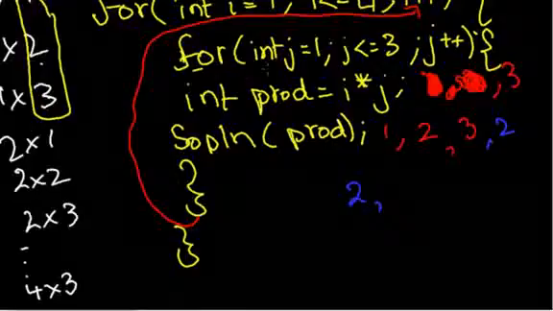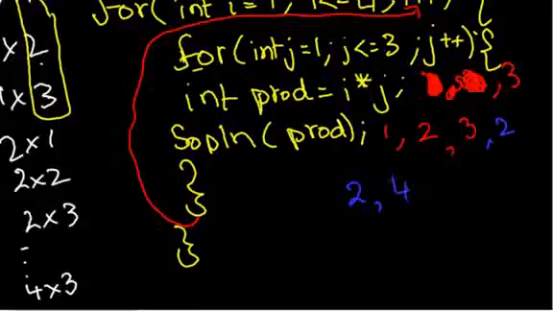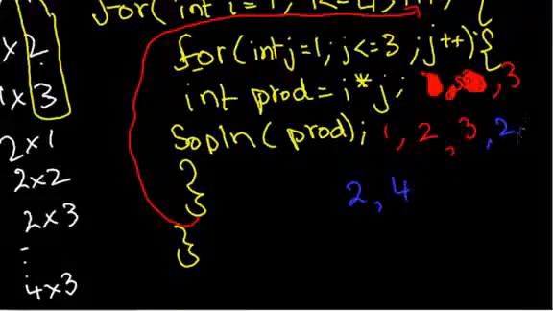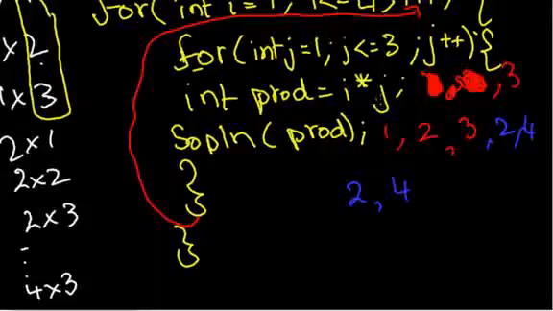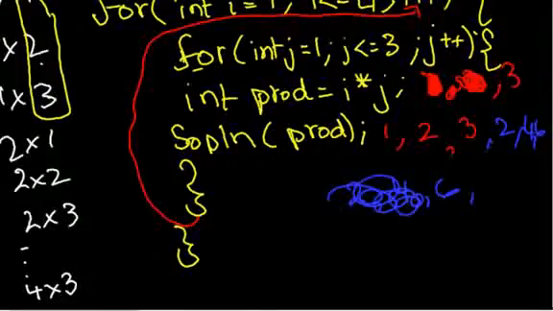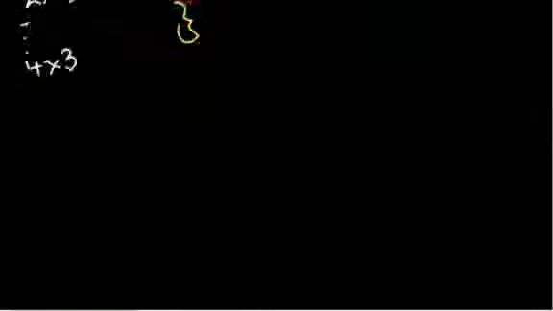Comes back here, j becomes 2, then 2 into 2, 4, print 4. Again j becomes 3, 2 into 3, 6, print 6, and these values keep getting erased. So that's basically nested loops.